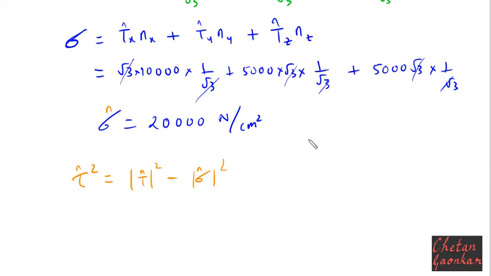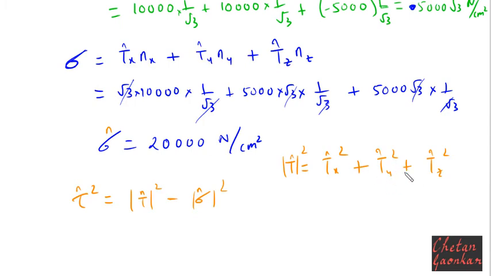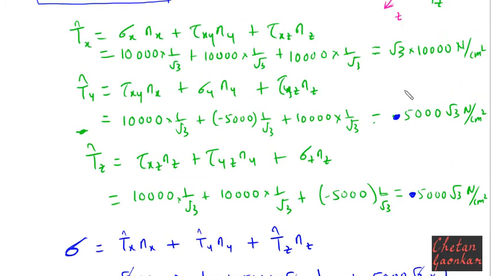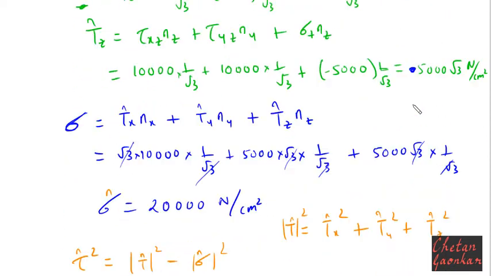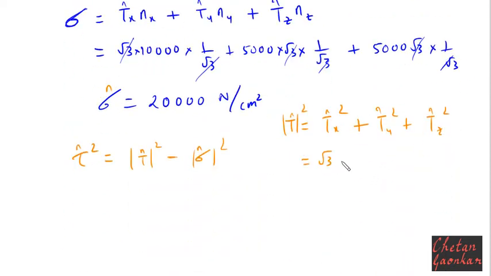This Tn square will be nothing but Tnx square plus Tny square plus Tnz square, and these are the stress components in x, y and z direction. So how much is Tnx square? It is root 3 times 10,000. So this will be root 3 times 10,000 whole square, plus this will be root 3 times 5,000 whole square, plus again Tz is also root 3 times 5,000 whole square.